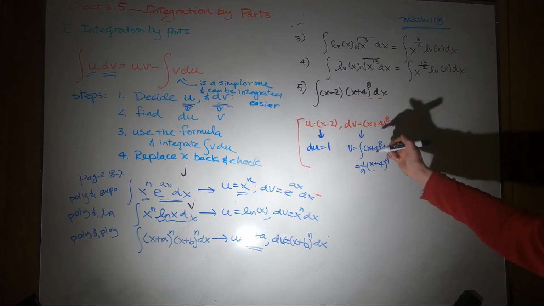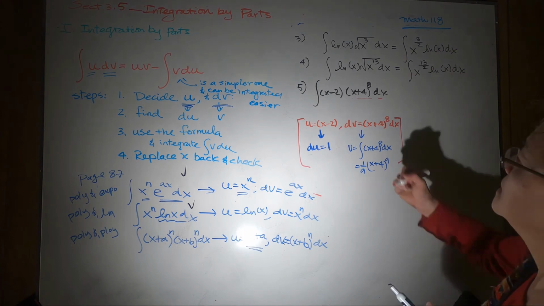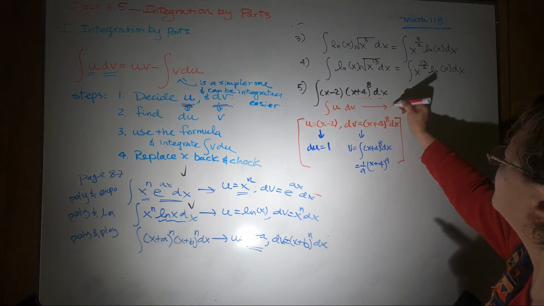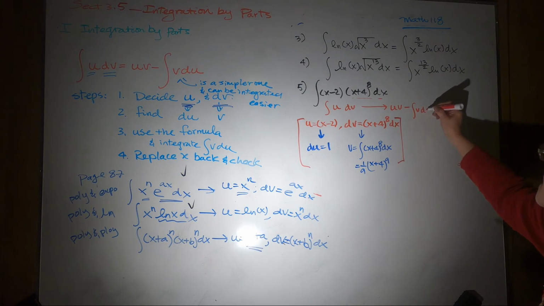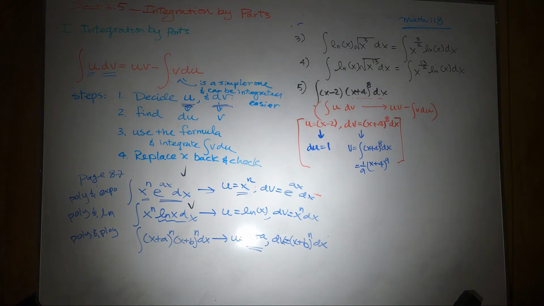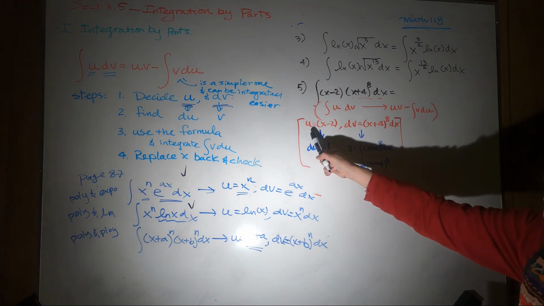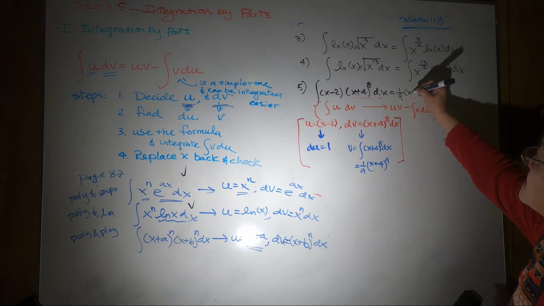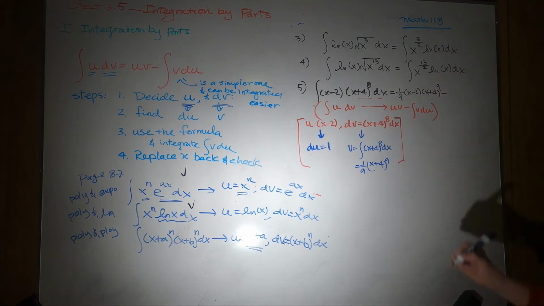So then we say that's our u dv, right? So then we should have uv minus the integral of v du, right? We should have this. So what do we have? u times v should be 1/9 (x minus 2)(x plus 4) to the 9th power, right?